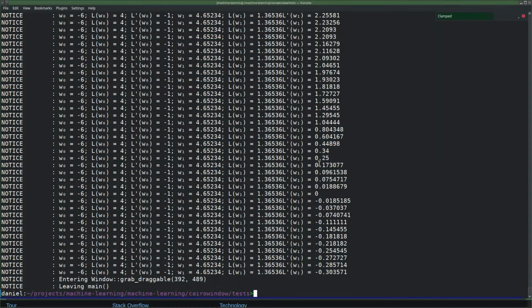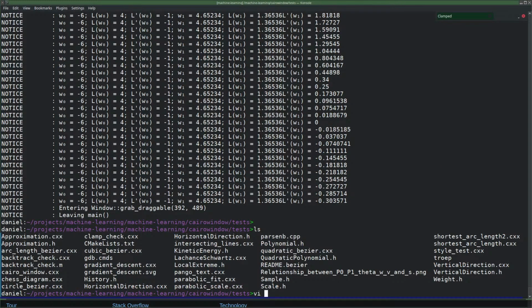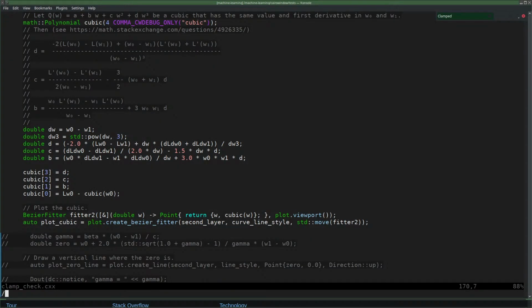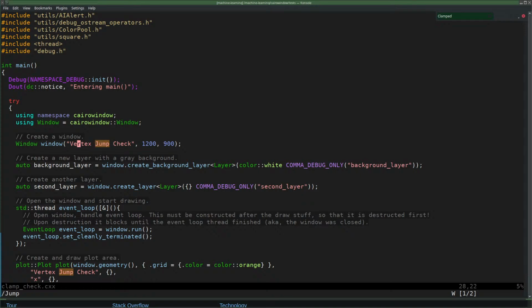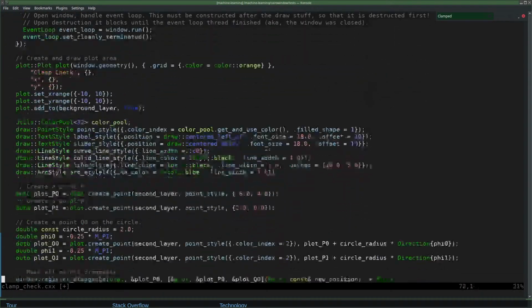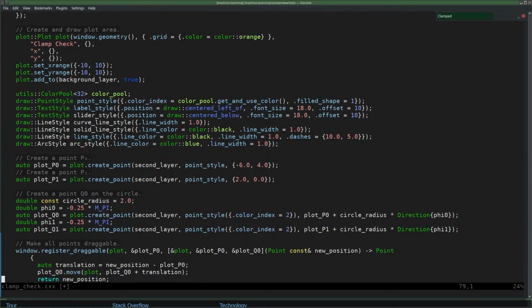What is wrong? I checked the math twice, so I guess my program is wrong.